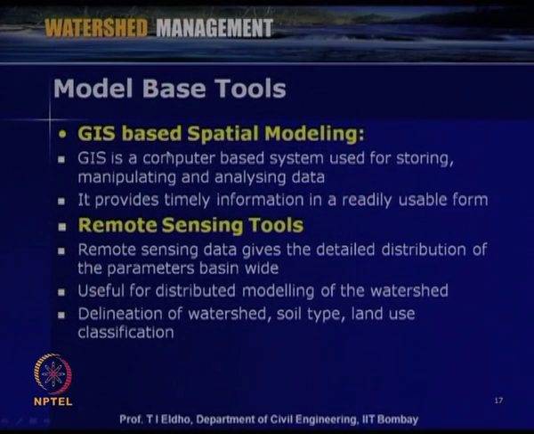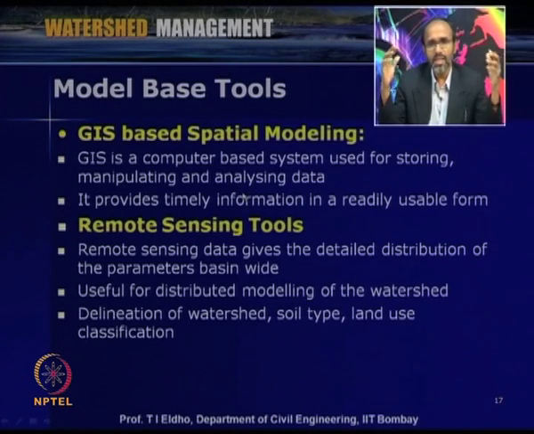Then when we are going for spatial modeling, geographic information systems, as I already mentioned earlier. So, GIS based systems we can utilize. As we discussed in one of the previous lectures, GIS is a computer based system used for storing, manipulating and analyzing the data. So, it provides timely information in a readily usable form.